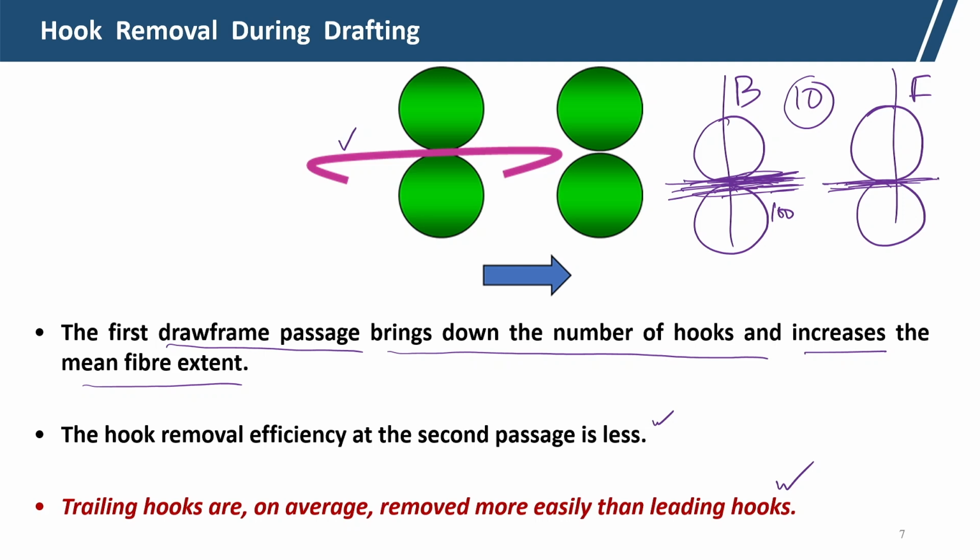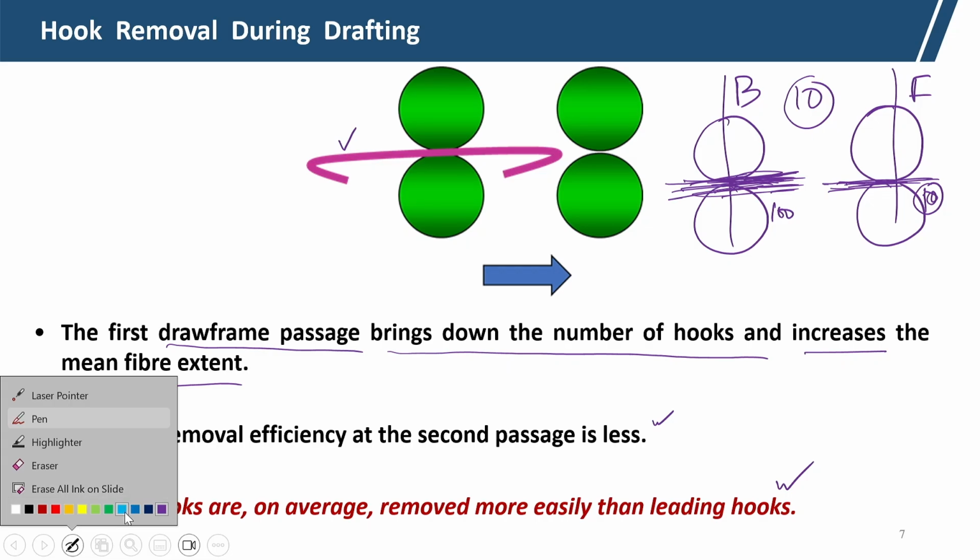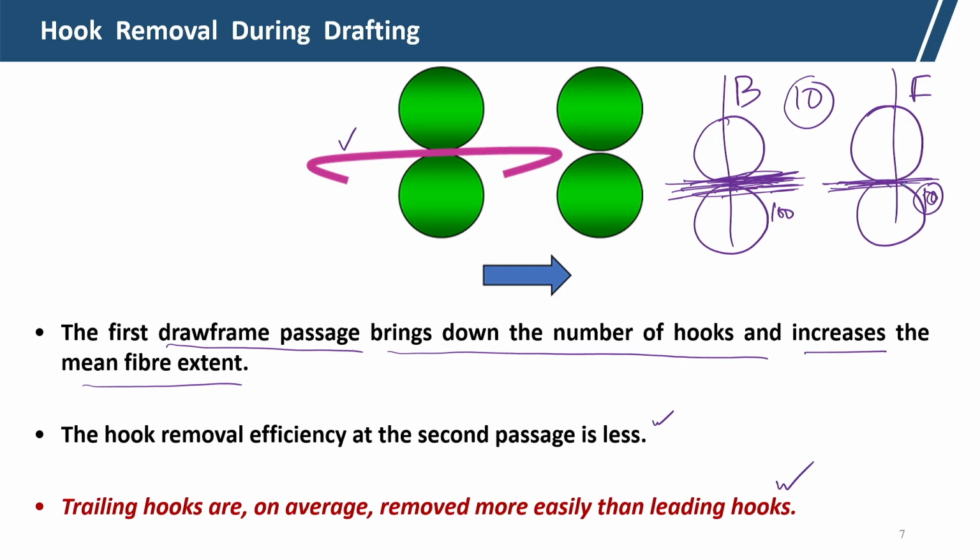Under the control of the grip of the front roller, the number of fibers will be 10 times less, 10 fibers. Okay. So, what happened? Suppose there is a trailing hook, let me draw in a different color. So, a fiber with a trailing hook is there, and this trailing hook portion will be in contact with the fibers which are moving at slower speed.